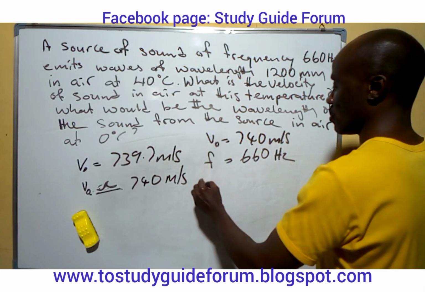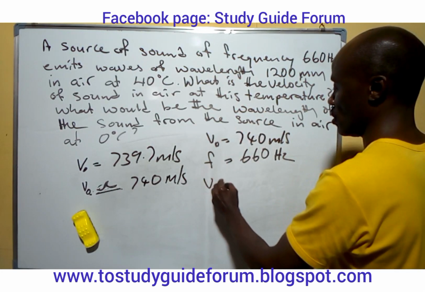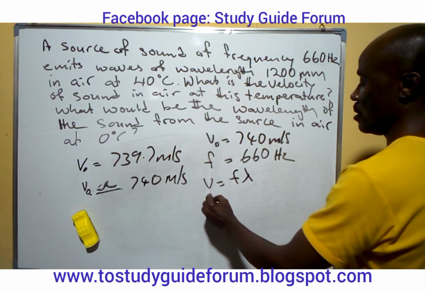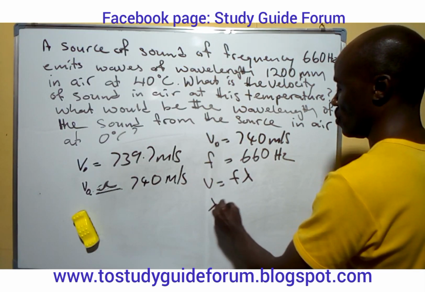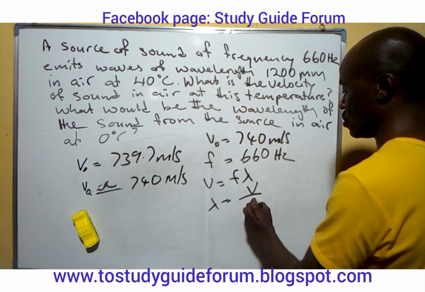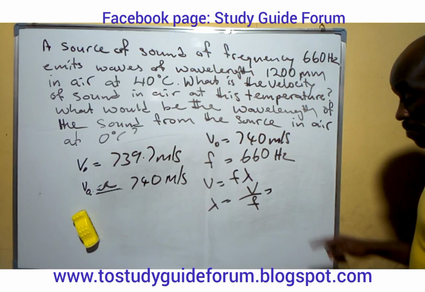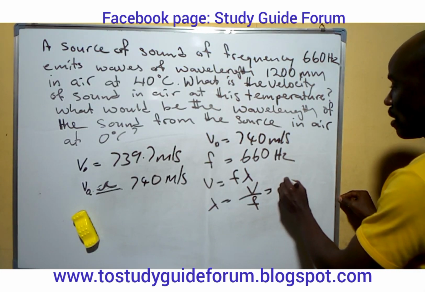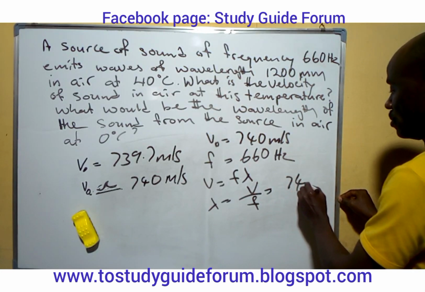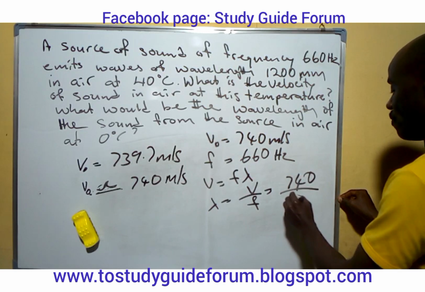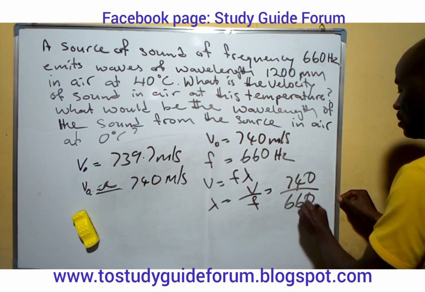To get the wavelength, it will be velocity over frequency, so we have 740 all over 660.